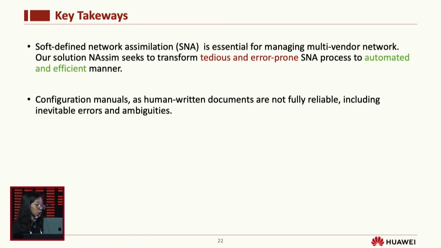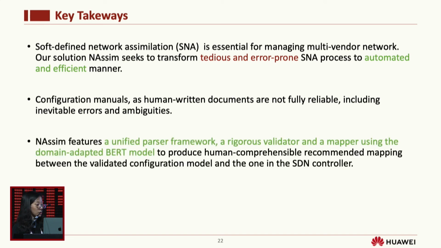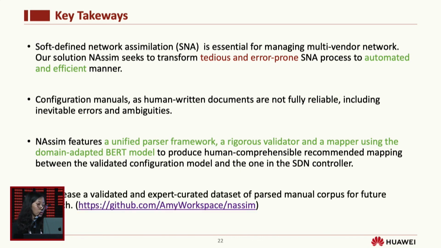Configuration manuals, as human-written documents, are not fully reliable, including inevitable errors and ambiguities. NAssim features a unified parsing framework, a multi-leveled validator, and a mapper using a domain-adaptable model to produce mapping between heterogeneous configuration models. And we also release a dataset for future research.